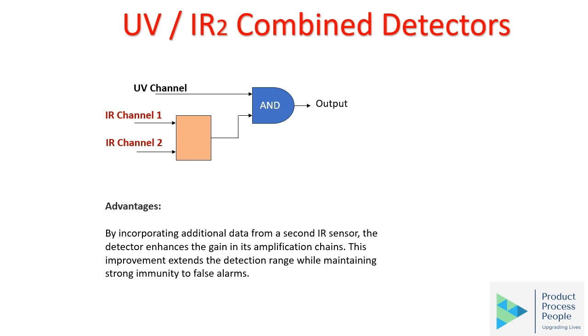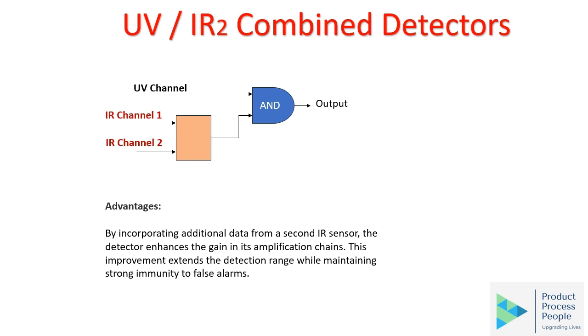This not only extends the detection range but also maintains a strong immunity to false alarms. This makes UV-IR square detectors particularly effective in environments with complex fire detection needs.